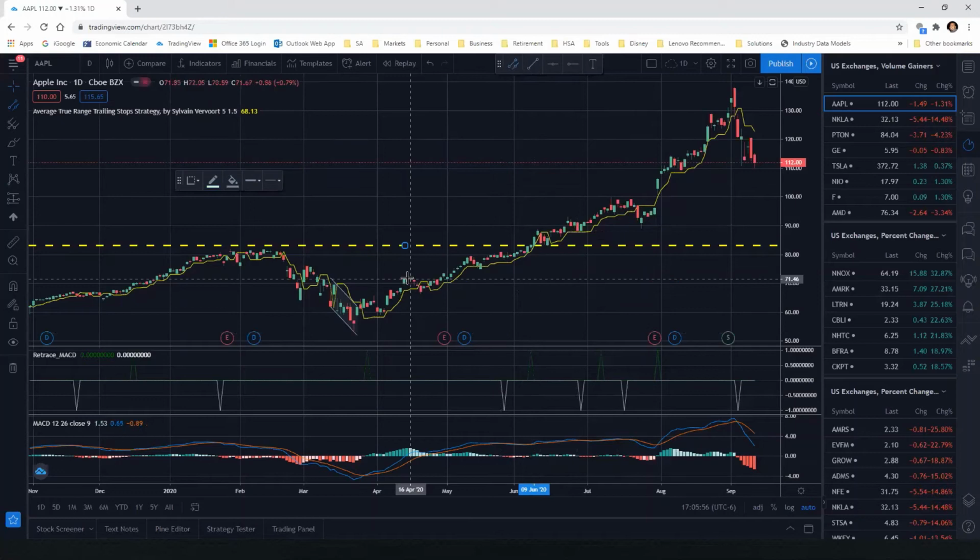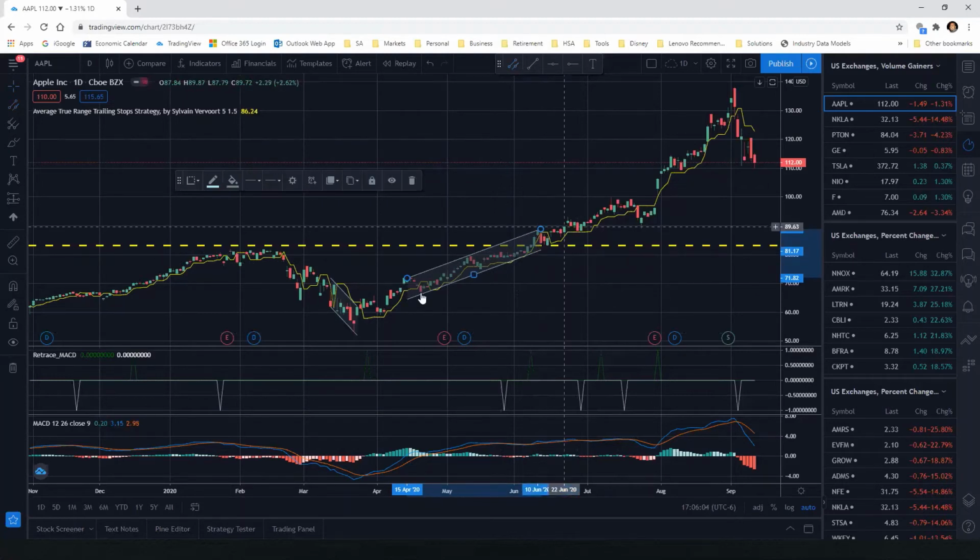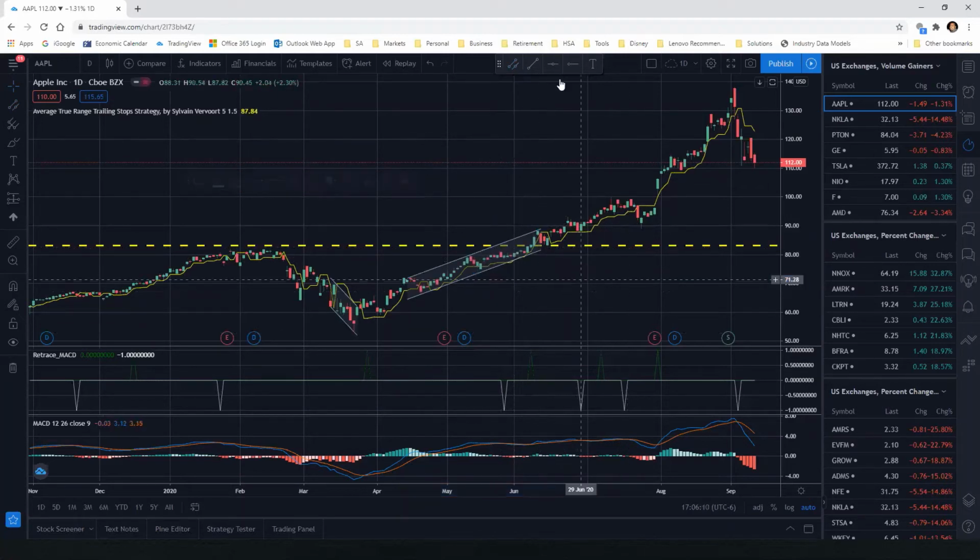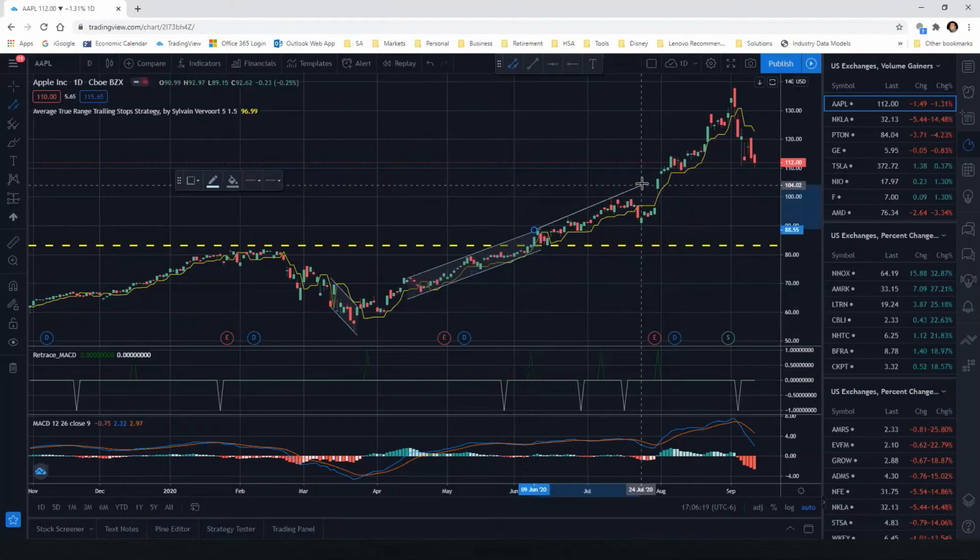Connect this peak with this peak, and find the bottommost point so that all of the candles within that zone are within this channel. As long as it is there, you continue. Now take another one and connect this top. This is a very effective strategy without knowing anything about the market.